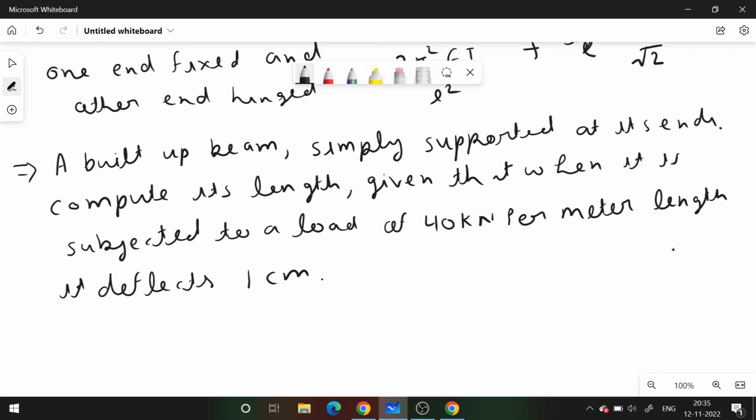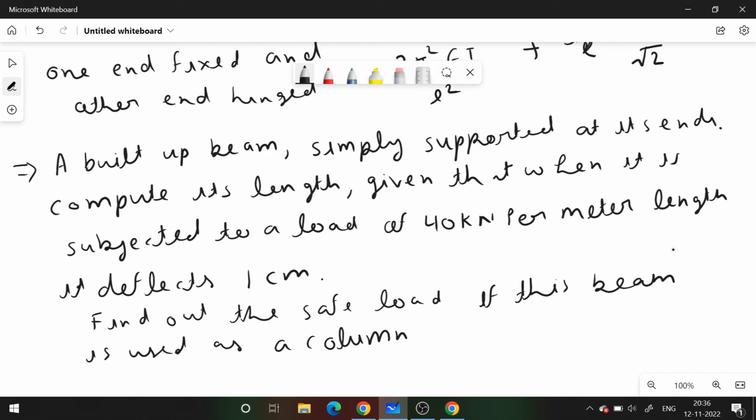Find out the safe load if this beam is used as a column with both ends fixed.